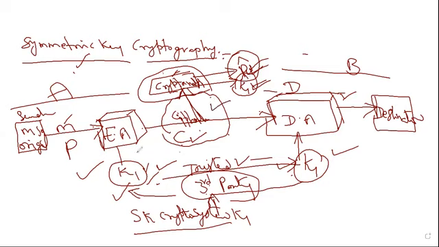Here, this particular symmetric key cryptography is providing both authentication and confidentiality, right? Authentication means only the authorized sender knows this particular key K1. The sender is using the secret key, and this key is known to sender and receiver only. So that's why authentication is provided, because an authorized person is sending the information.